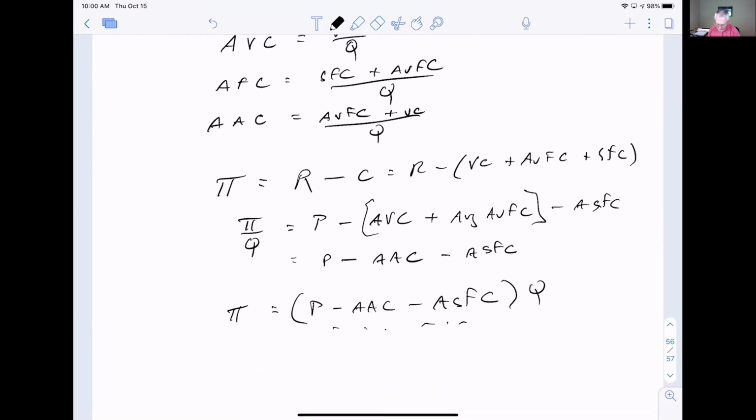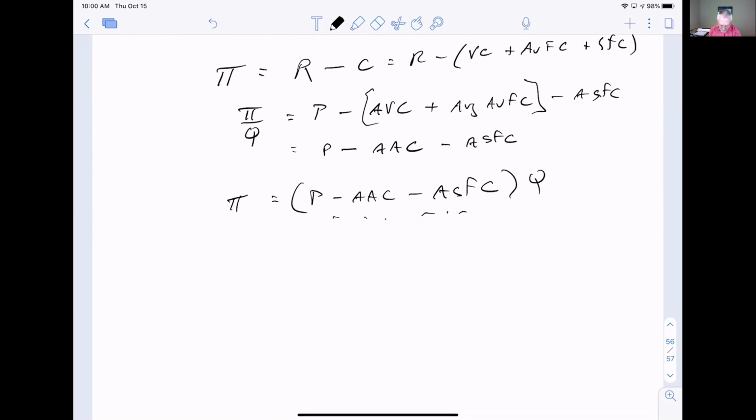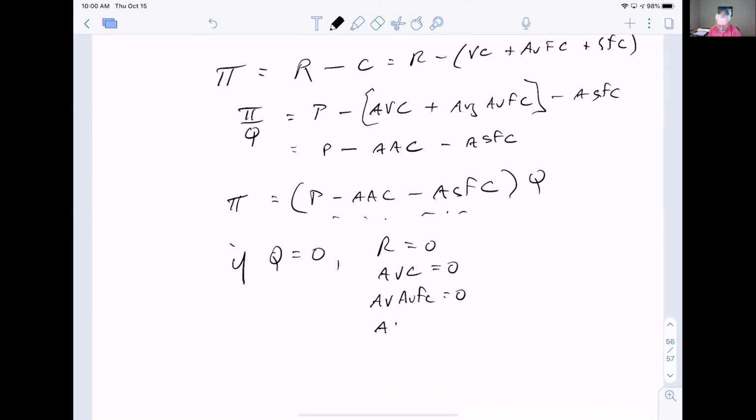Now, note that if Q equals 0, then revenue equals 0. Average variable costs will be 0. Average avoidable fixed costs will be equal to 0, but average sunk fixed costs, if they exist, will be positive.